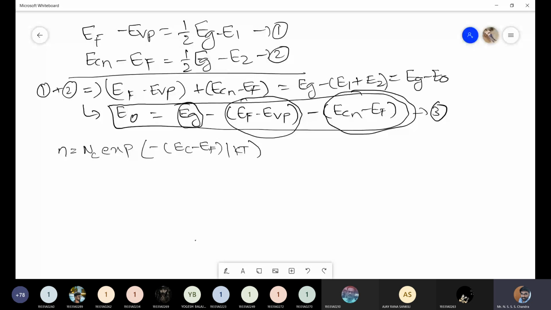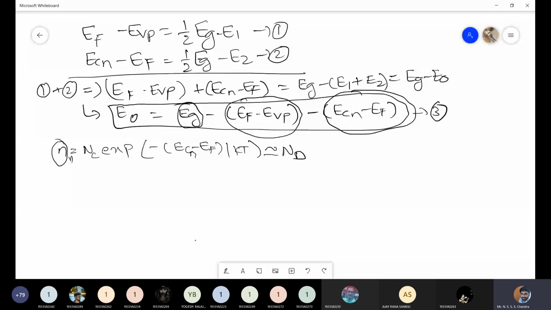We derived this for the intrinsic semiconductor. Now the same is valid even for the extrinsic semiconductor. The only thing is that the number of electrons will be nearly equal to the number of donor ions, because we are talking about the n type material. Now instead of EC I will be writing ECN, and instead of n, for n type material I will be writing n with subscript n.